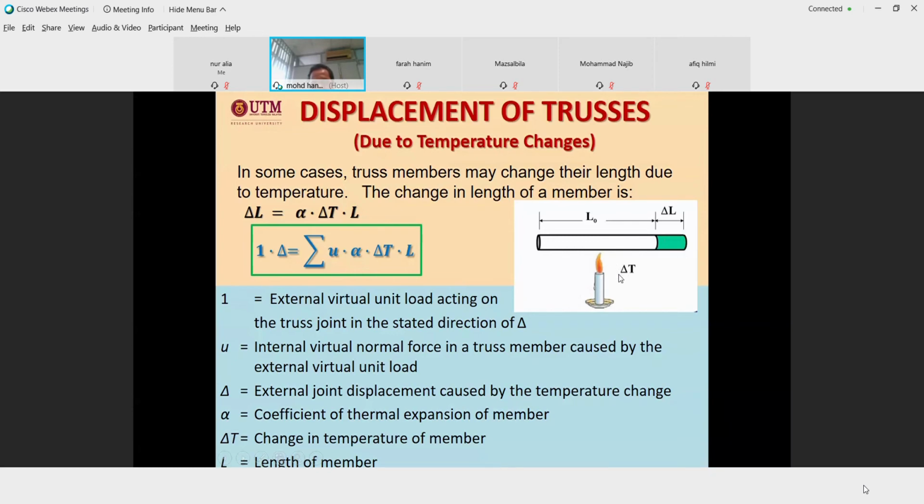When temperature decreases, it will contract or shorten. Okay. And this is also the basic formula that we have to remember throughout your life. Delta L equal to alpha delta T L. Okay.